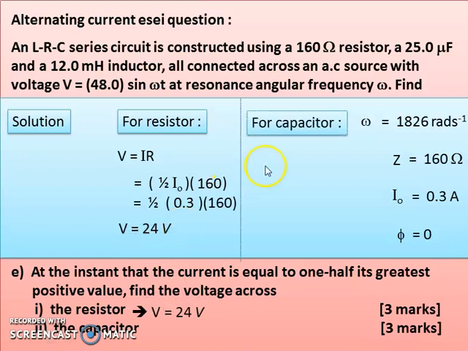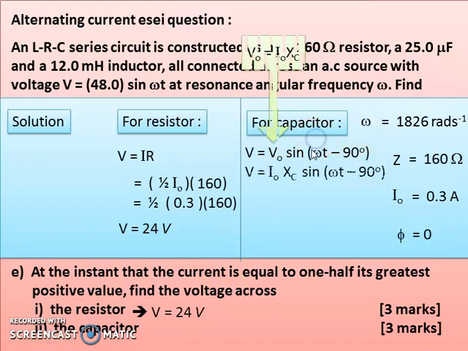Okay, for the capacitor, question E2, from V equals V naught sine omega t minus 90 degrees, and V naught is equal to I naught XC, in other words, V naught is V peak. V peak equals I peak XC, reactance of the capacitor.